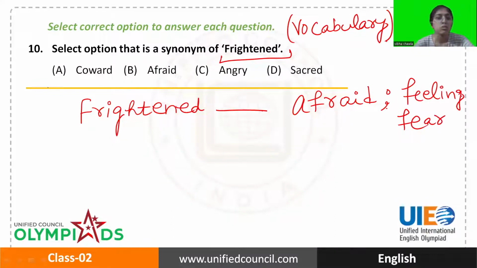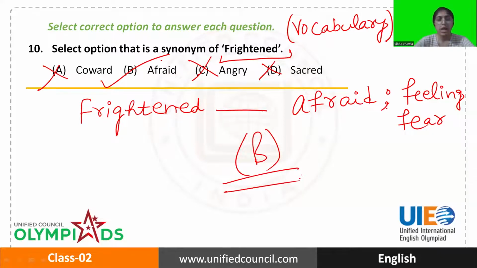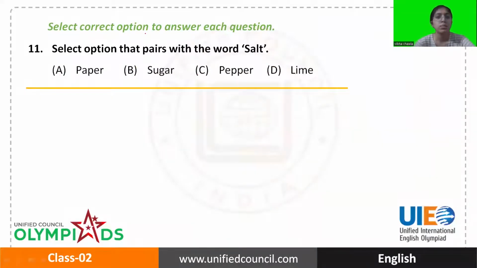Okay, it's not coward, angry, sacred, no. Scared could be correct. Scared means afraid, not sacred. So it is clearly option B. Frightened means afraid, scared, or you can say feeling fear. Then moving towards the next question, question number 11.